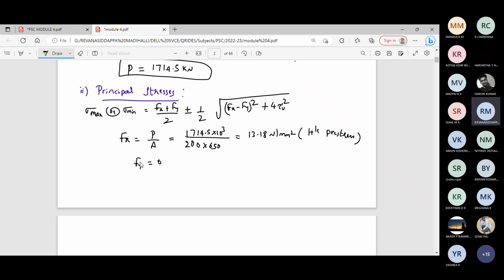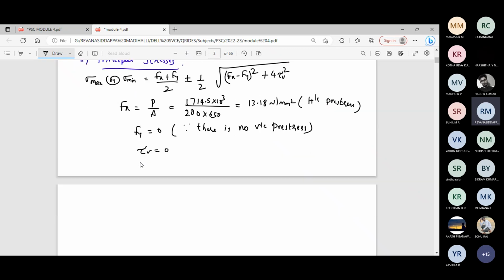There is no vertical pre-stress. Then what else do you need? Tau v is given as 0 in the condition.